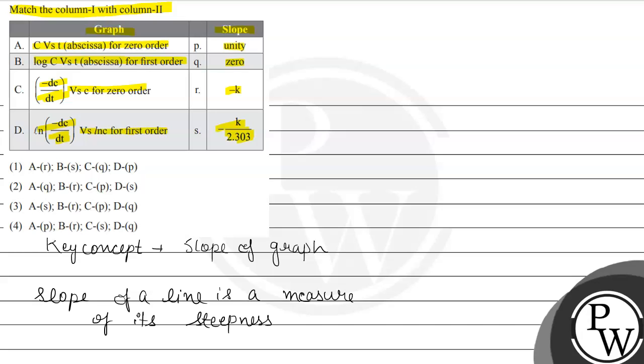And according to the A, it is said that जो graph है that is between the concentration versus time for zero order reaction. And for zero order जो हमारे पास equation आता है that is A is equals to initial concentration minus rate constant multiplied to the time.